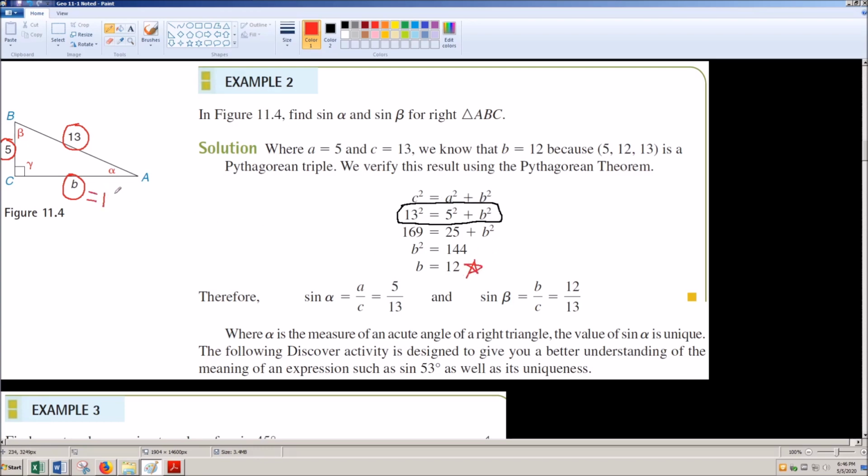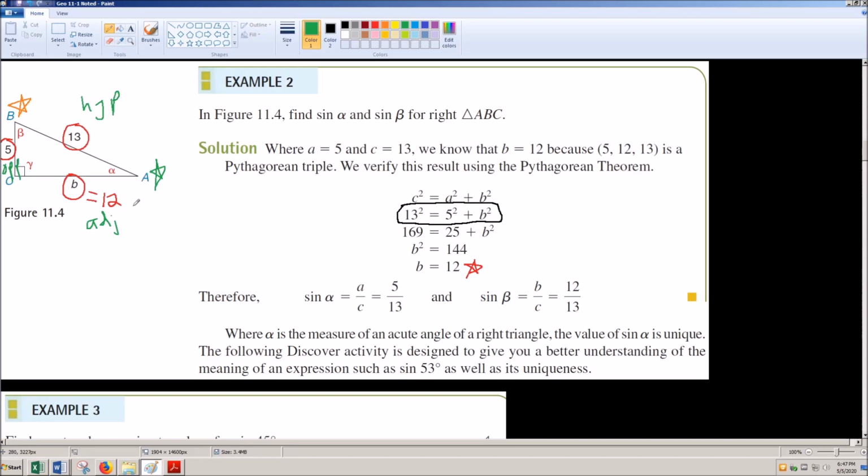Now that I know my b value, I can start doing sine of alpha and sine of beta. So let's use our mall star map right here for beta, and let's use our mall star map right here when I'm talking about alpha. Now for alpha, again, this is my adjacent. This is my opposite. Here is my hypotenuse.